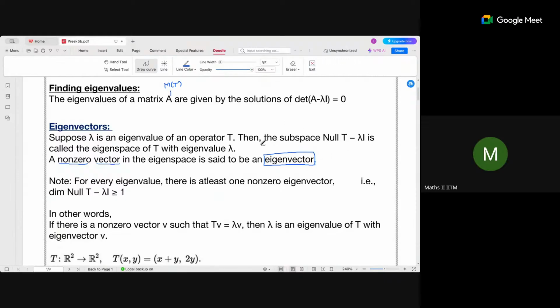An important note: if lambda is equal to 0, then what is the eigenspace corresponding to lambda equal to 0? What are the eigenvectors?